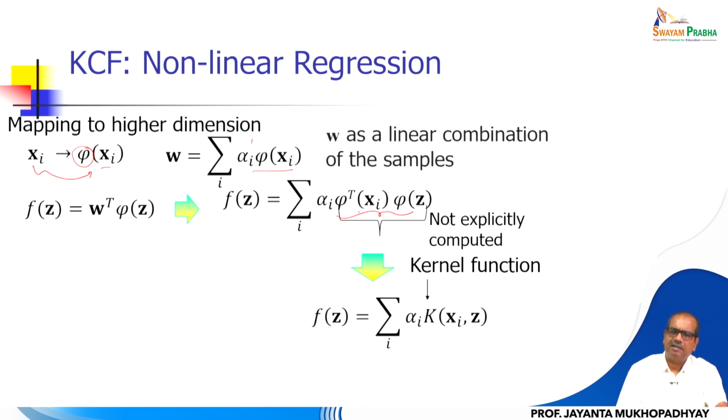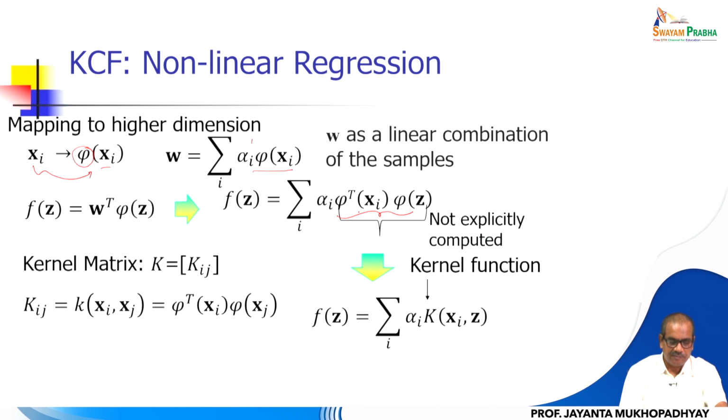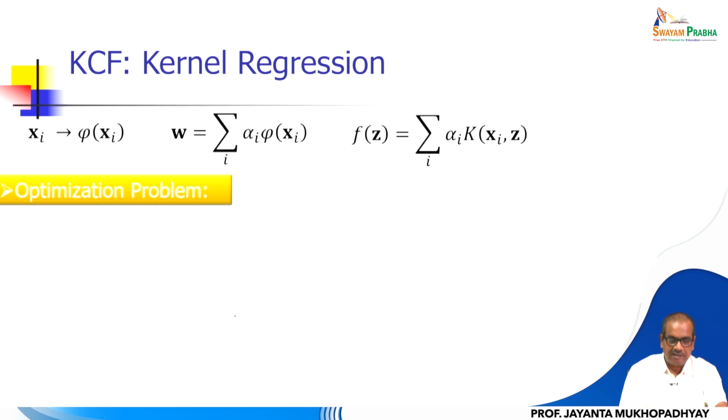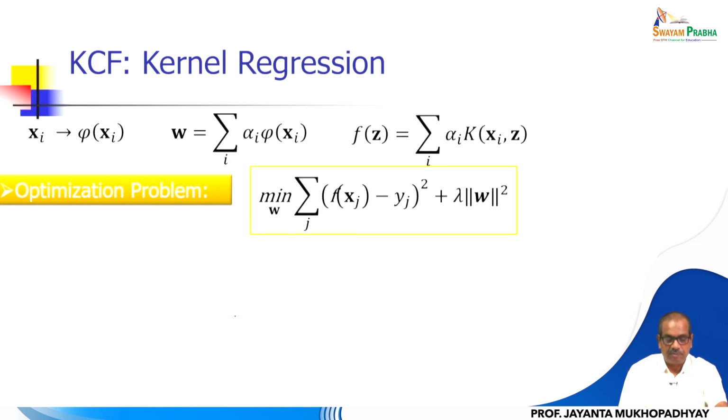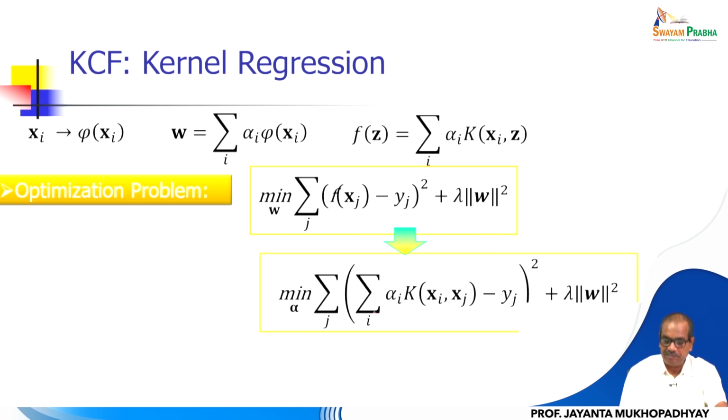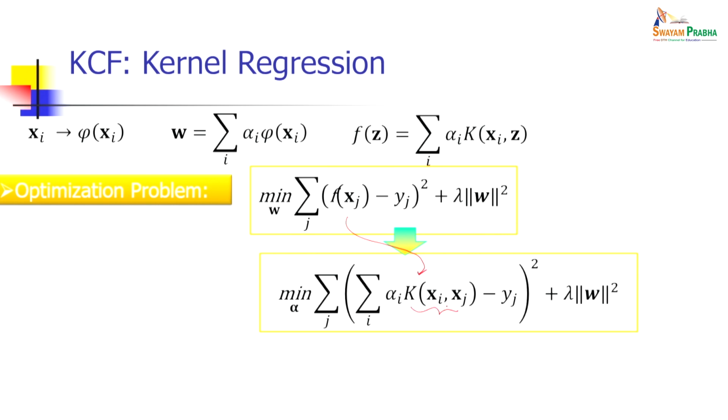As you know, earlier also we discussed, there could be kernel functions like the Gaussian function, which can provide you the kernel matrix where the elements are expressed in this way. So the optimization problem would be written in this form, the same optimization problem, and when I convert this using the kernel values, then now instead of minimizing over W, you have to minimize over alpha.